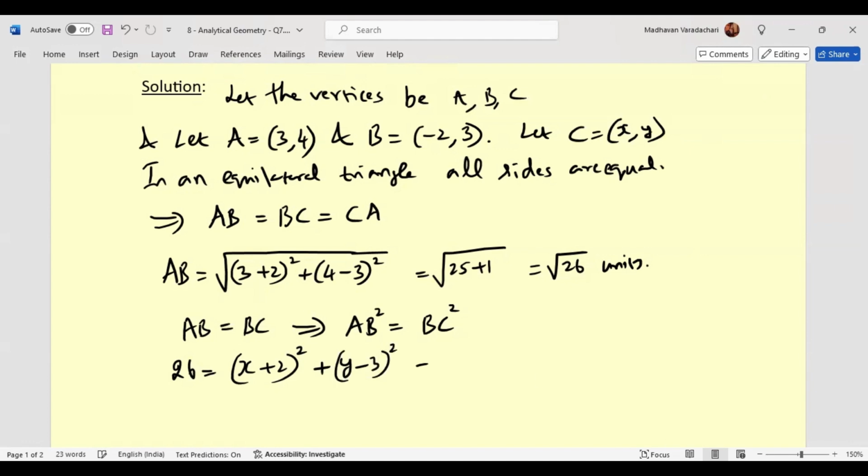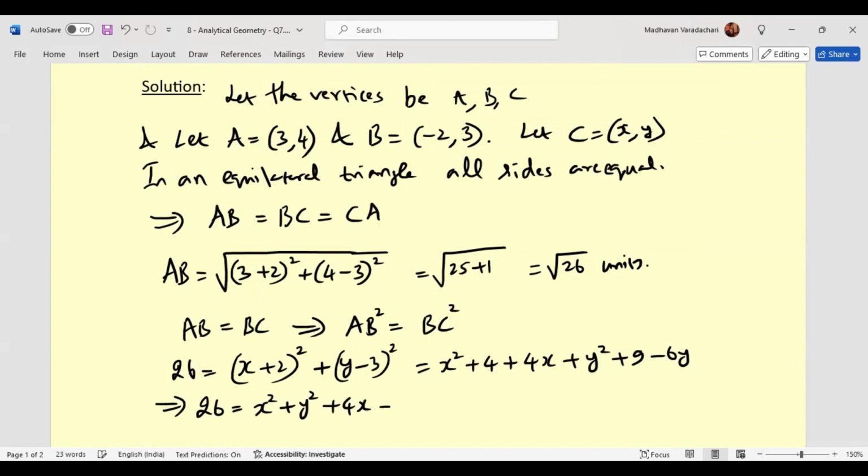Now let us expand this. This works out to x square plus 4 plus 4x plus y square plus 9 minus 6y. That means 26 is equal to x square plus y square plus 4x minus 6y, 9 plus 4, it is 13.